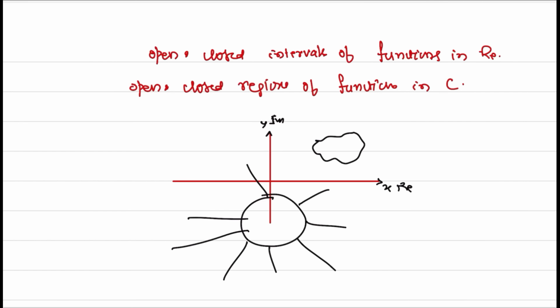Region is defined this way. In blue color, this is open. Here, region is defined this way. That is closed.